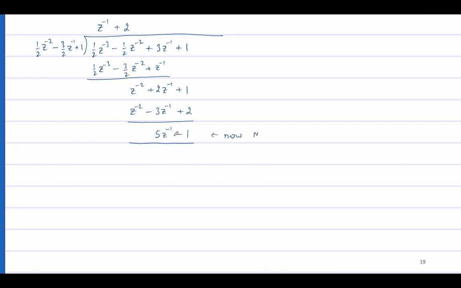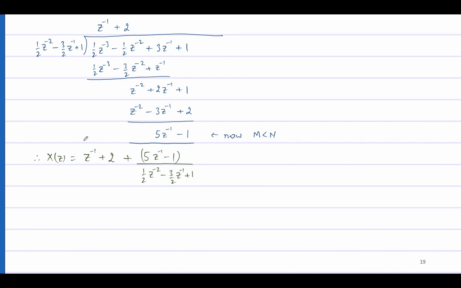Now my M is less than N. So this means I can write my X(z) as the quotient, z to the power minus 1 plus 2, plus the remainder upon the divisor. I can express it like this.